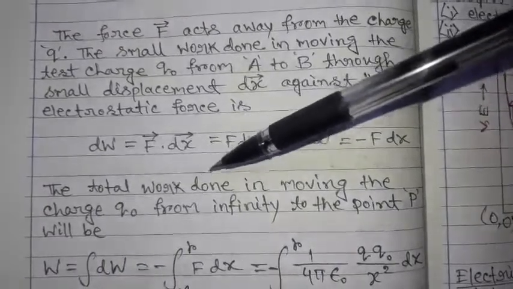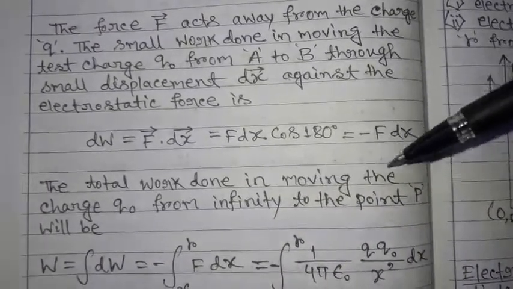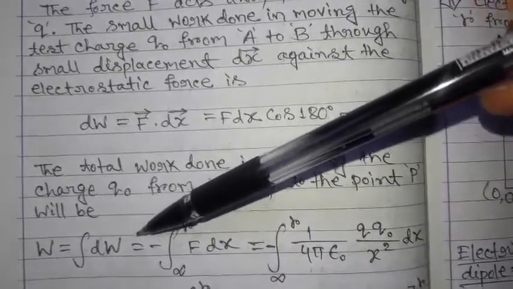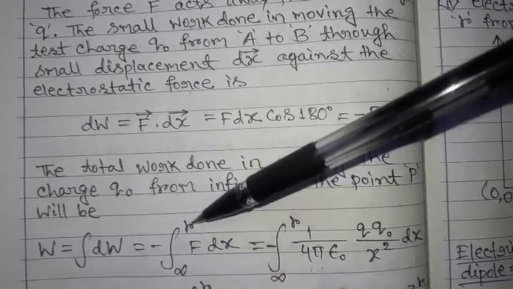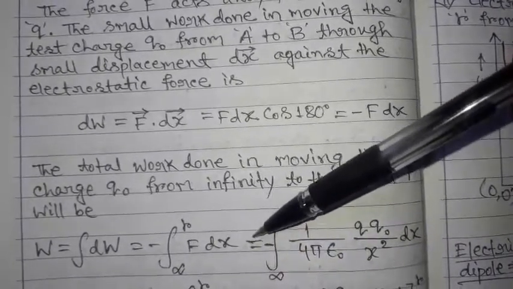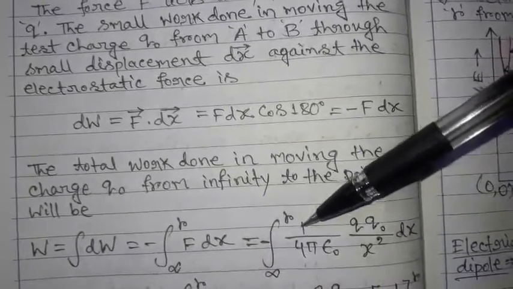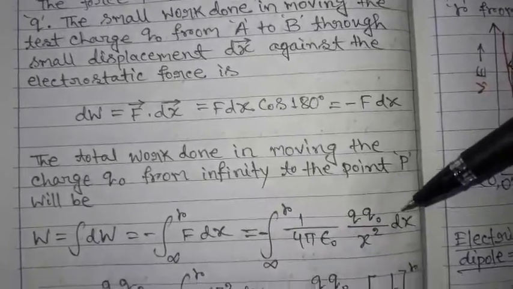The total work done in moving the charge Q0 from infinity to the point P will be W equal to integration of dW equal to minus integration from infinity to r of F dx equal to minus integration from infinity to r of 1 by 4 pi epsilon 0 Q Q0 by x square into dx.